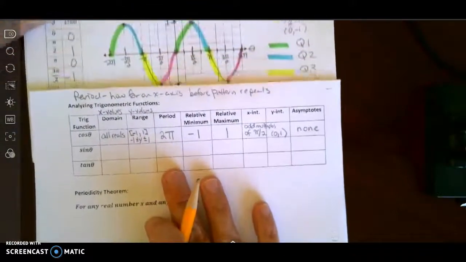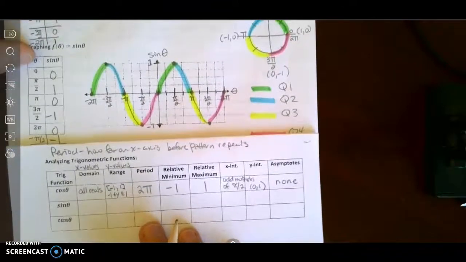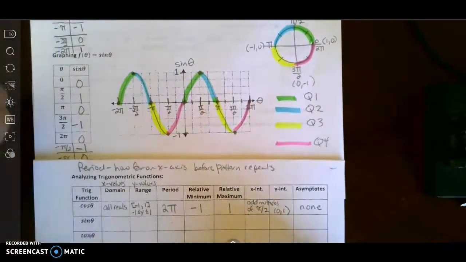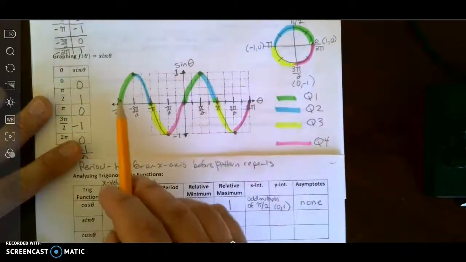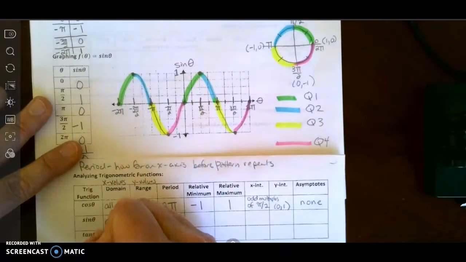All right, let's move on to sine. When I look at my sine graph, the domain, again, this curve just keeps on going, so it's all reals on the x.